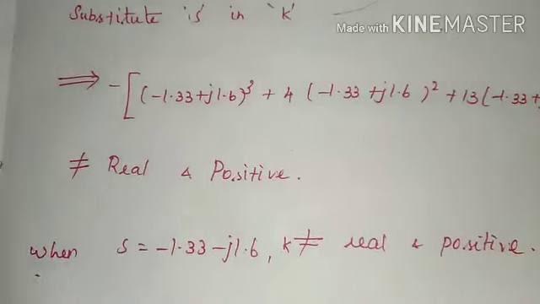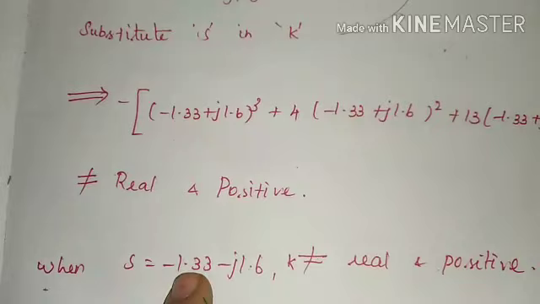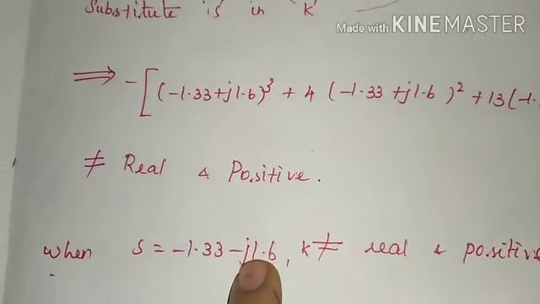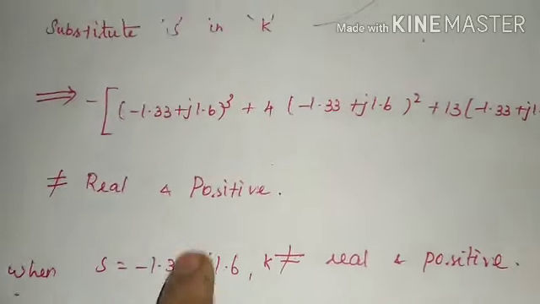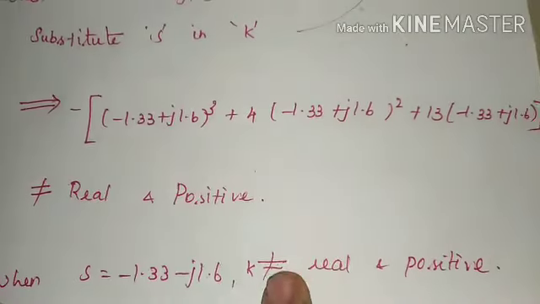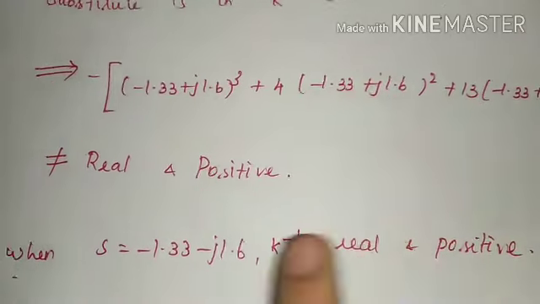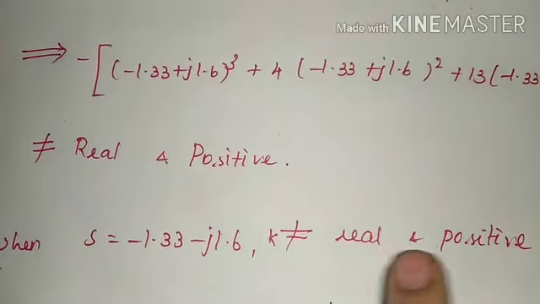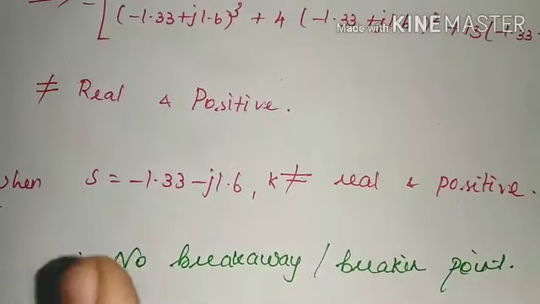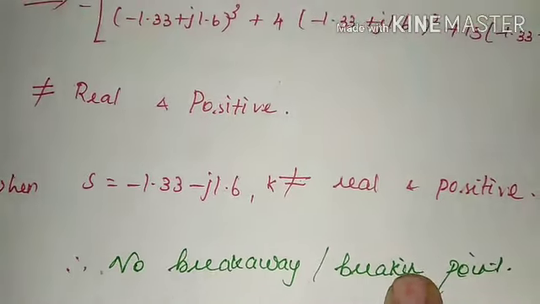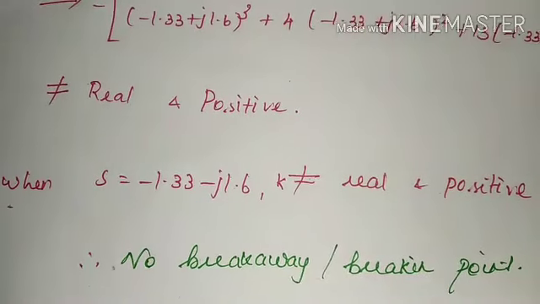Then we will substitute the second value, that is s equal to minus 1.33 minus j1.6. For that also we are having the imaginary term, so surely the k value will not be real and positive. So for this problem, there is no actual breakaway and break-in point.